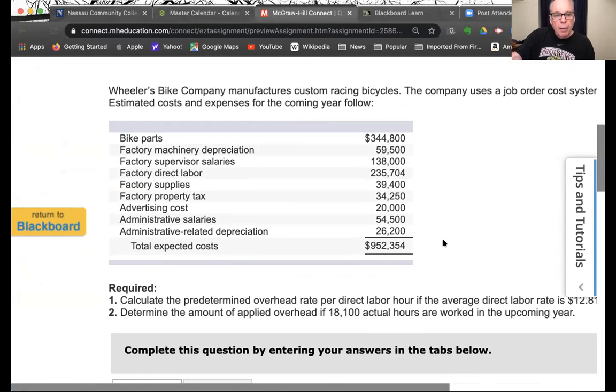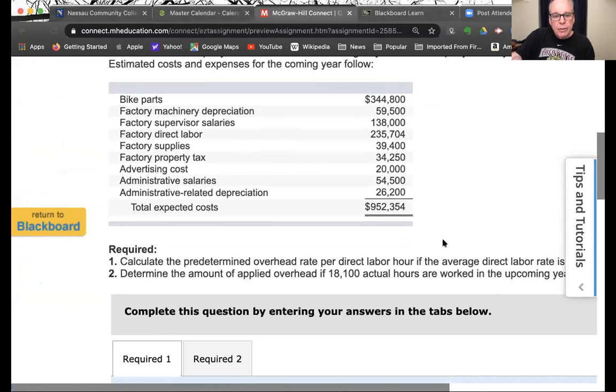to. Here's a problem where they're asking you to calculate the predetermined overhead rate and determine the amount of applied overhead if 18,100 actual hours are worked. All right, so how do we calculate the predetermined rate? How do we apply overhead, right?